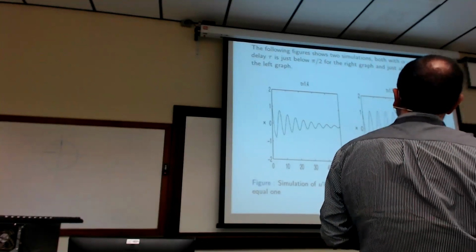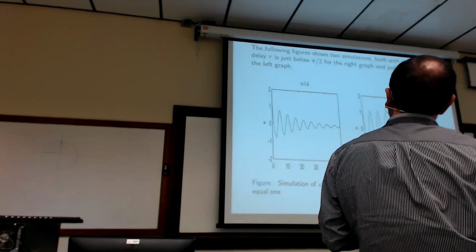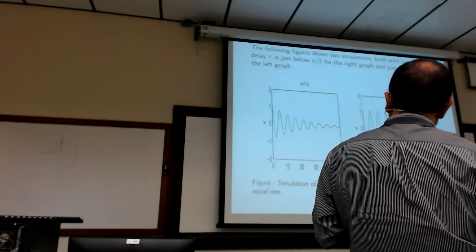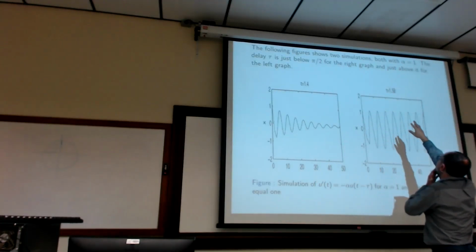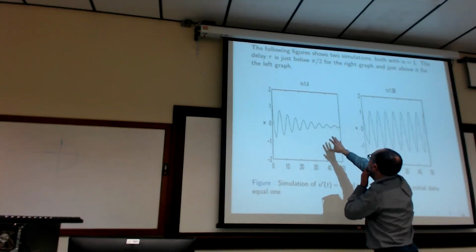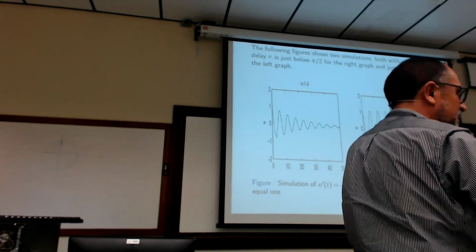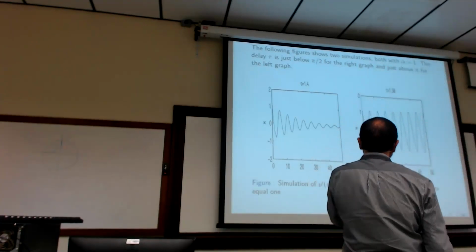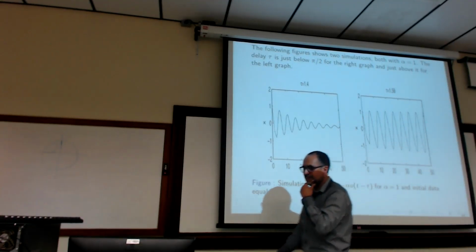We choose alpha equals 1, and tau is just below the value to have periodic solutions, and before pi over 2, but also before 1 over e, to have at the same time oscillations and stability. And here we can see the oscillations, the periodic solutions.